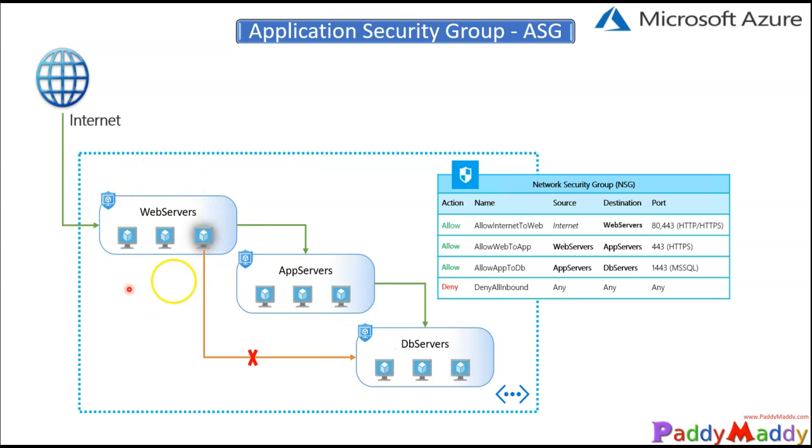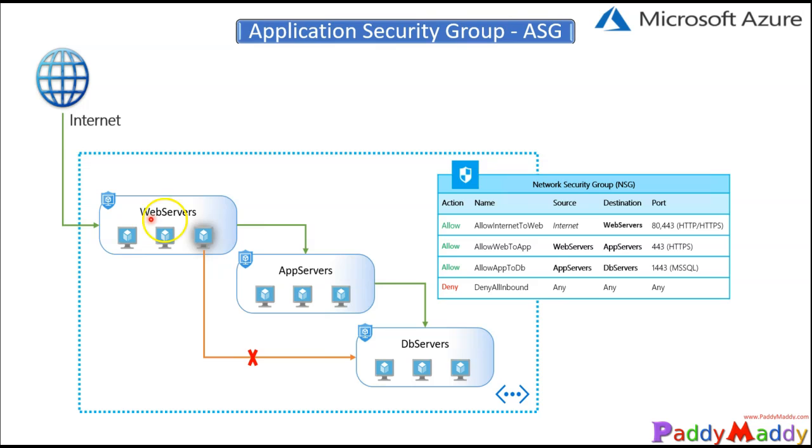We create an application security group and assign it on top of these computers. Let's say the first application security group, or an ASG, would be on your web servers, and the same one will also be on the application servers. That means both can communicate with each other.